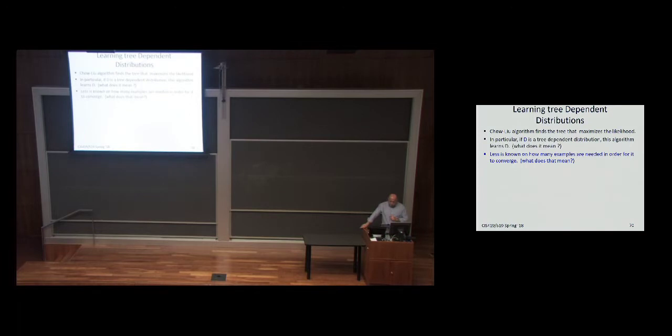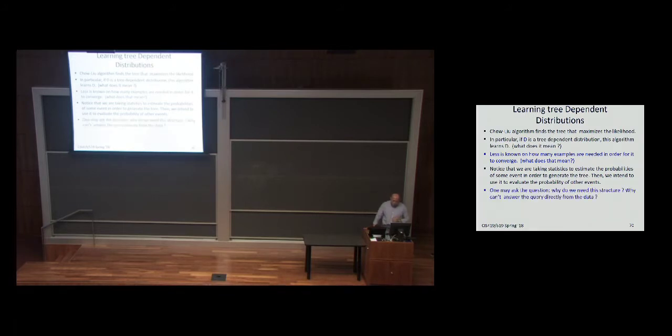Okay, so basically we are done. We gave a learning algorithm for a probability distribution. To make our life easier, I gave you just the case of Bayesian trees, not general probability distribution. It's going to be harder for general probability distributions, but it's still good enough in practice.